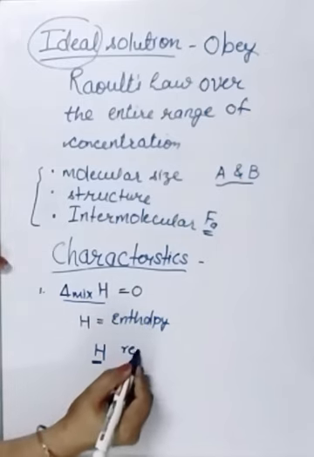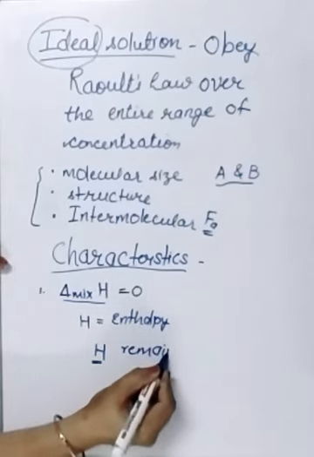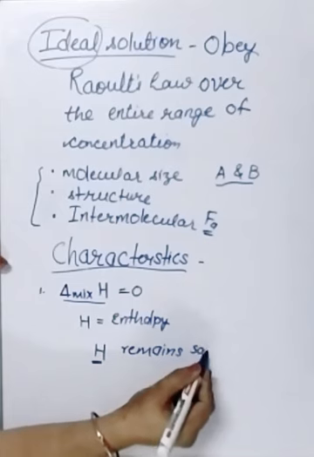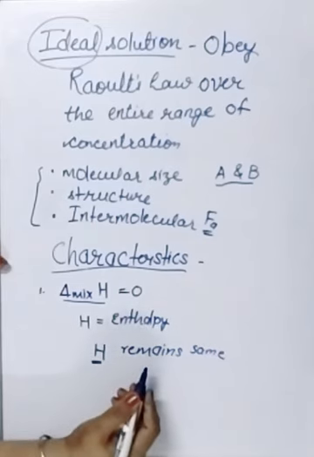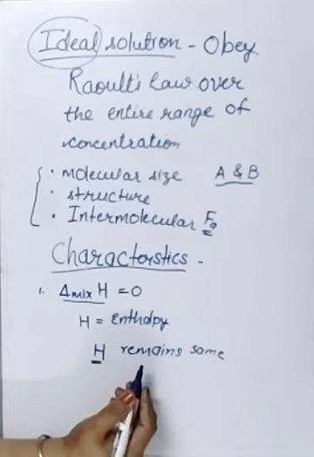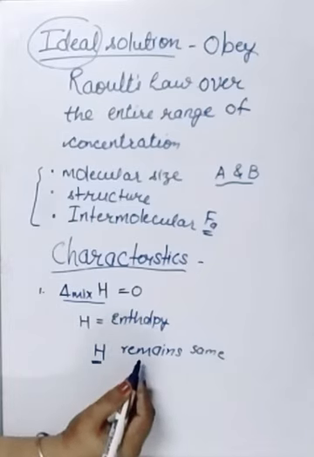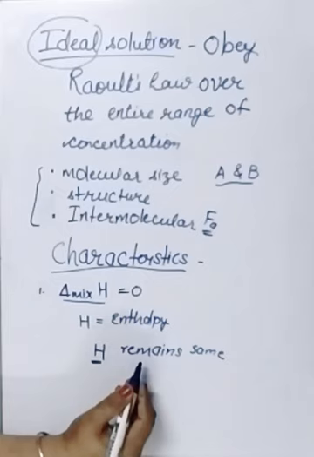The value of H remains the same. For example, we have taken benzene and toluene. When they are mixed, there should be no change in enthalpy. Neither evolution of heat nor absorption of heat. So del H will be 0.